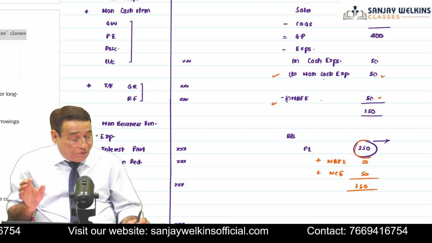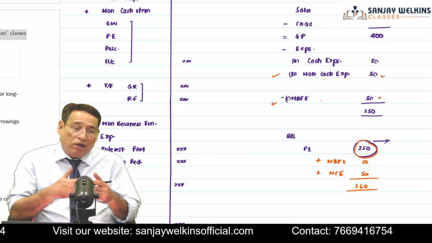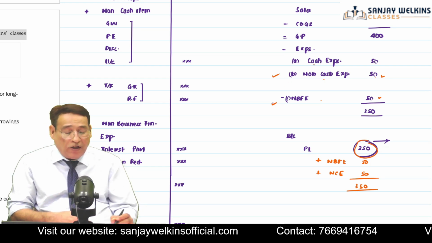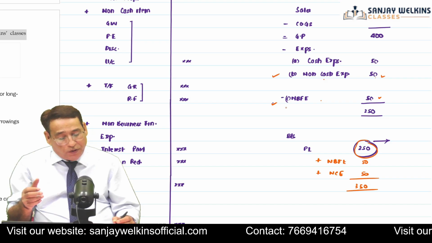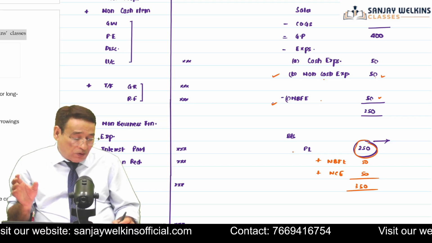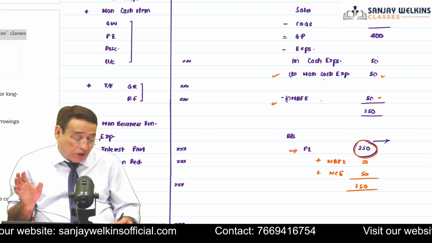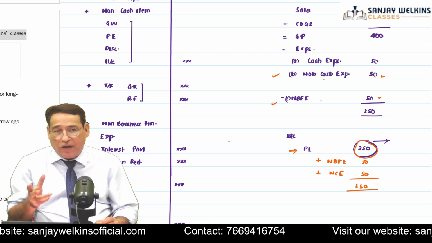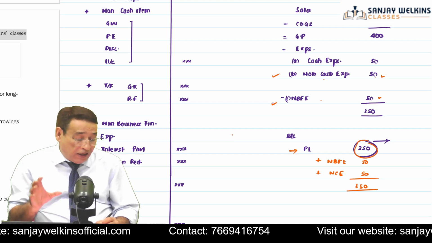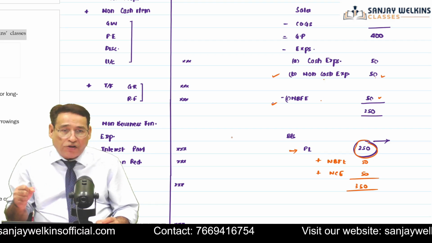Because this 250 is after what? After non-cash expenditure. See, cash expenditure will have to be subtracted. In fact, you subtract all the expenses in order to show your profits, theoretically speaking, in the balance sheet. But the problem is that under the cash flow statement, we are more interested in cash profit, or profit which is related to operational activity.